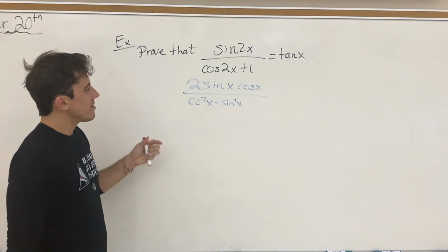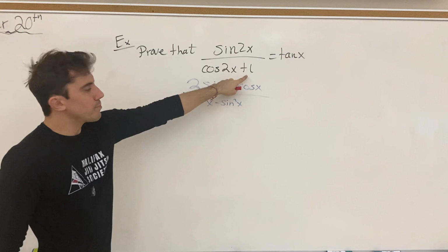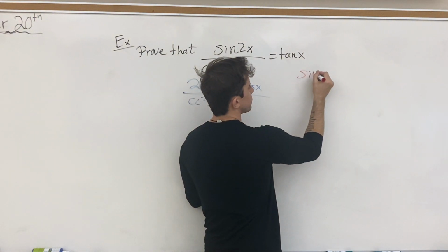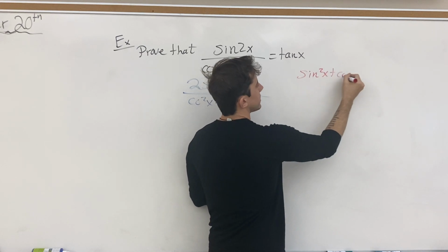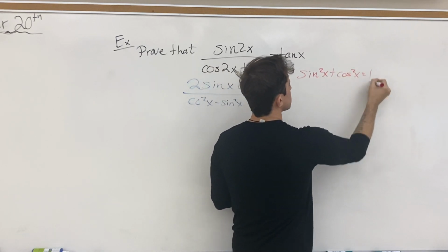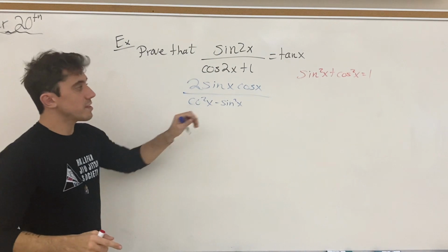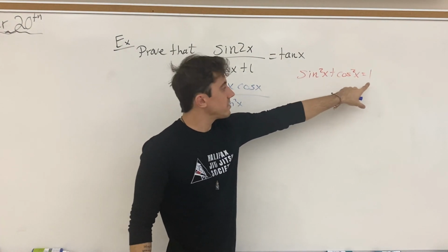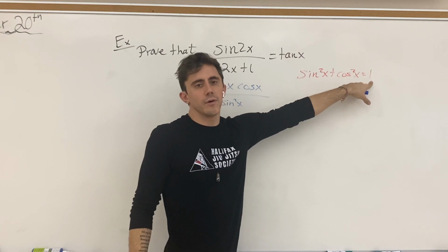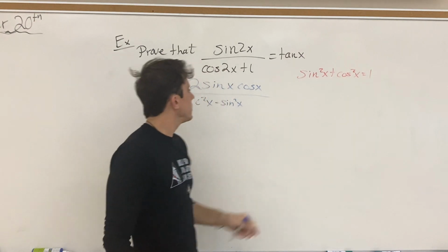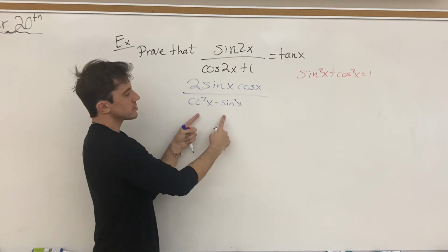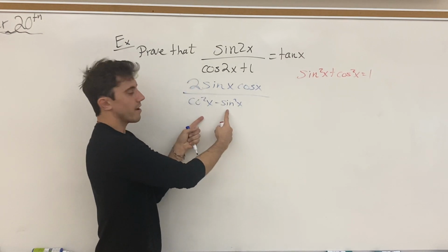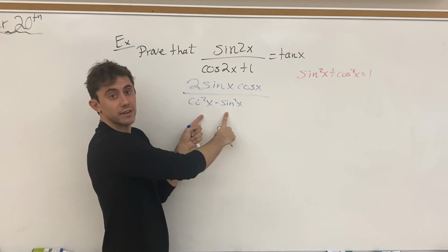And now, just at a quick glance, that plus 1, I'll remind you that the first Pythagorean identity you most likely came across was that sine squared x plus cos squared x is equal to 1. And so that means that we can put in sine squared plus cos squared anytime we see a 1 in our expression. And so this 1 here looks suitable to be replaced by sine squared plus cos squared based on what we have tagging alongside of it, okay?